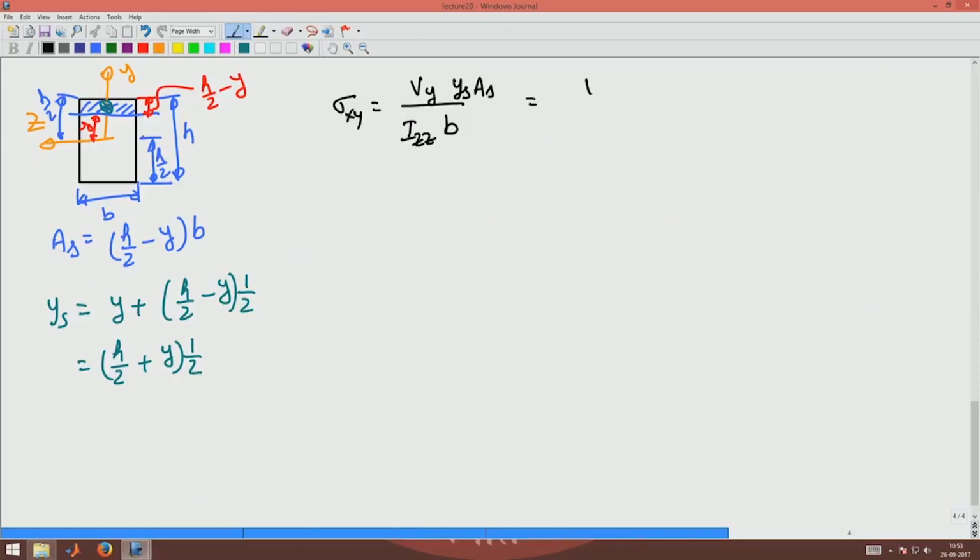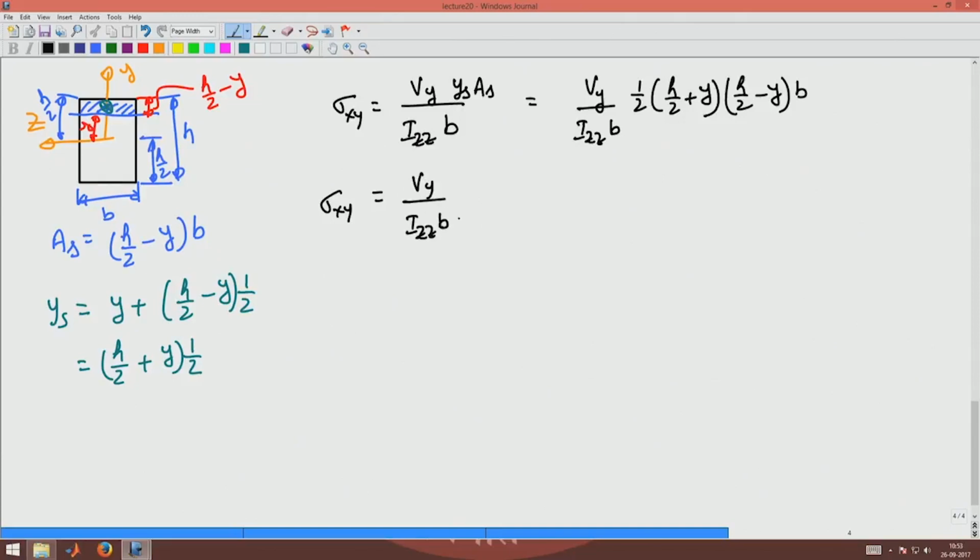So, this is going to be Vy by Izz into B into Ys, which is 1 by 2 into h by 2 plus y, into As, which is h by 2 minus y into B, that is sigma xy is Vy by Izz into B into h square by 4 minus y square into 1 by 2.